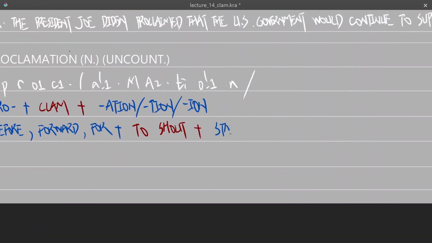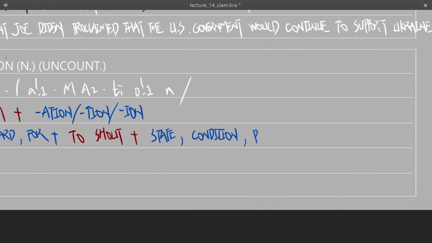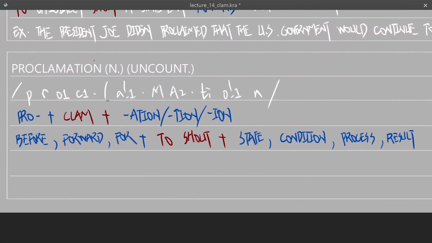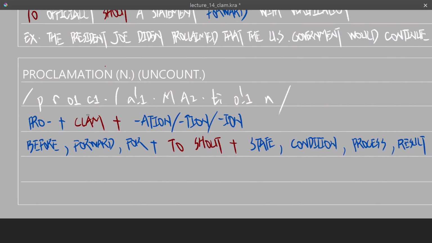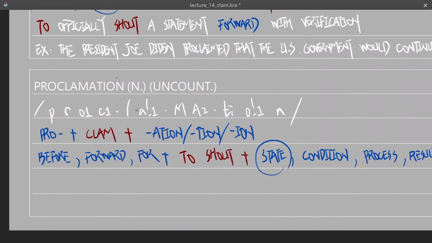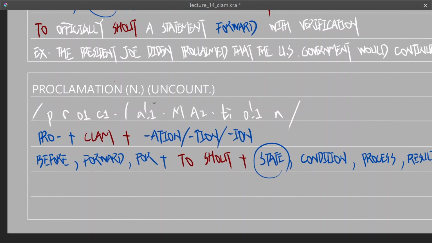So state, condition, process, or result. So proclamation literally means what? It means the state of officially shouting the statement forward with verification.